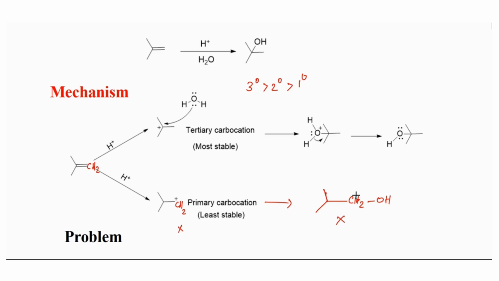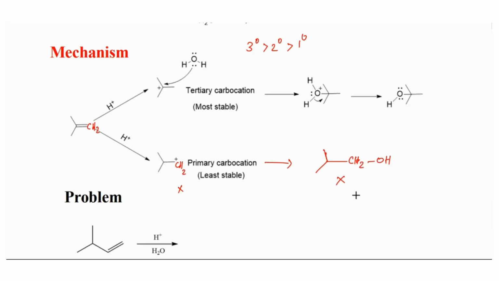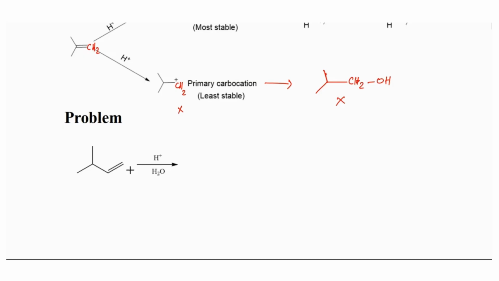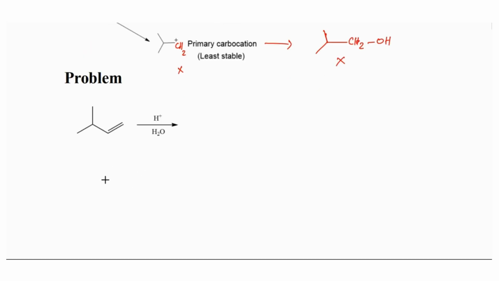Now we discuss one more problem. Now what will happen in this case? If you take this alkene the same way, it can get protonated. If it gets protonated here, so it will get CH3, and this will get, so this is what? A secondary carbocation.